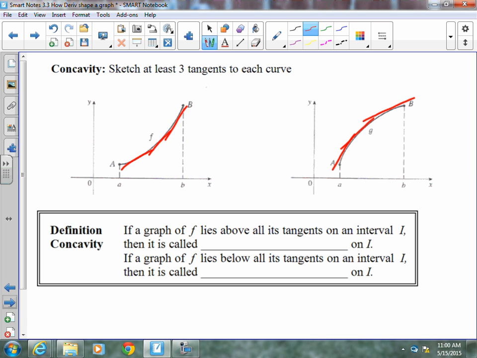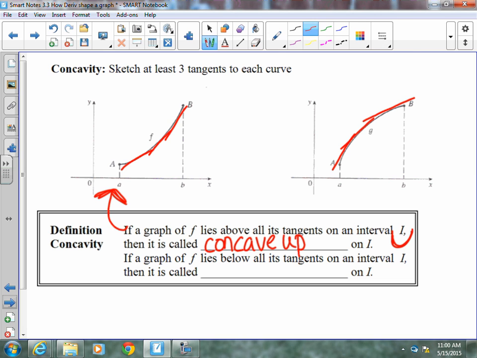If a graph of f lies above all of its tangent lines, like this, on an interval I, then it is called concave up. This isn't always true, but concave up is a curve like this, where it could maybe catch water, if you know what I mean by that, but it might not be enough to actually catch water.